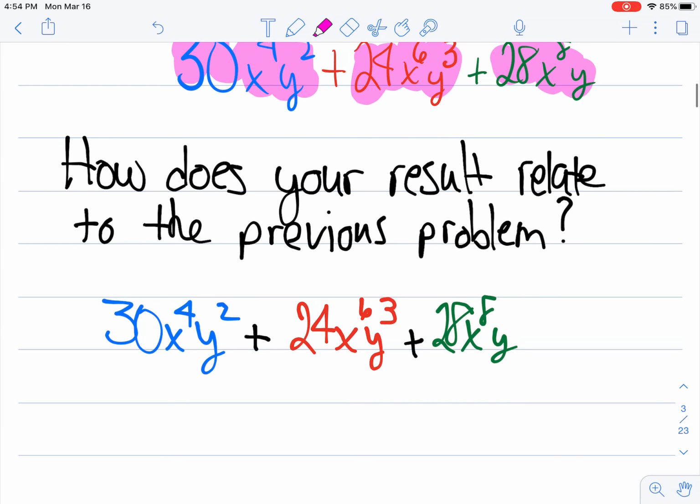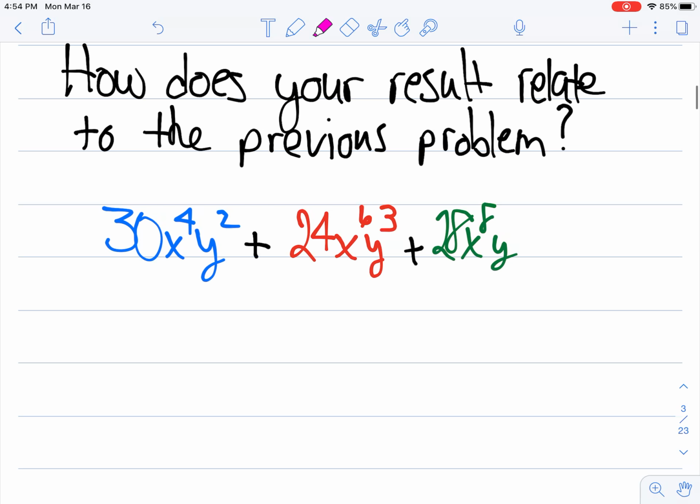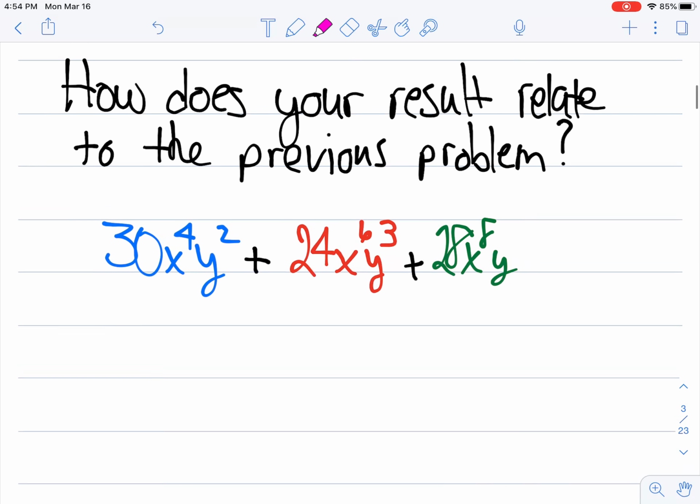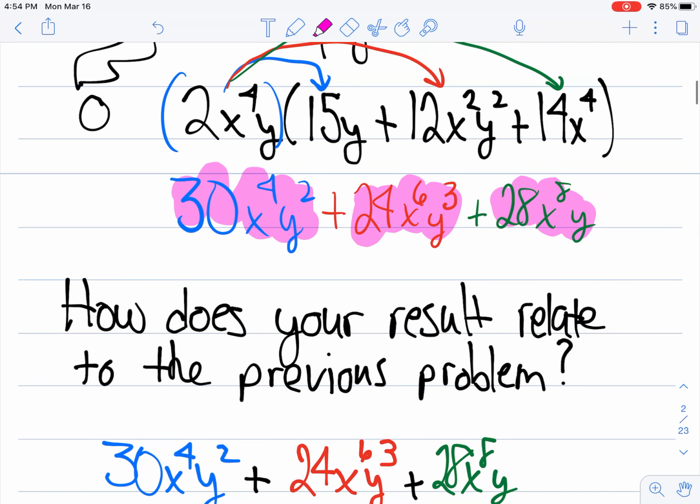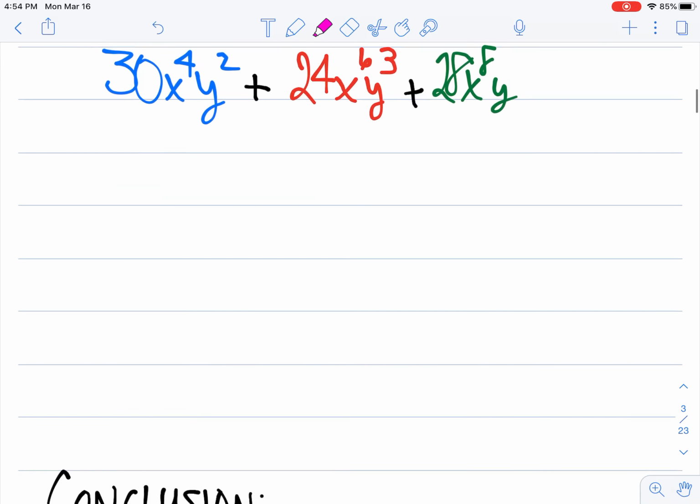So here's how this end result compares to the previous problem. It's all three terms added together to form a trinomial, and then the product that we just multiplied right here at the very top of the screen is the factored form of that polynomial. So we just actually factored a polynomial using the GCF.